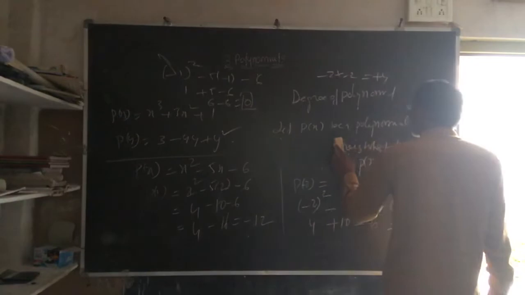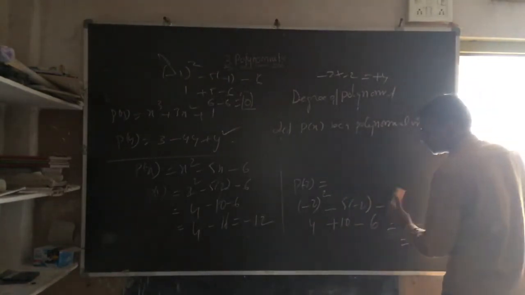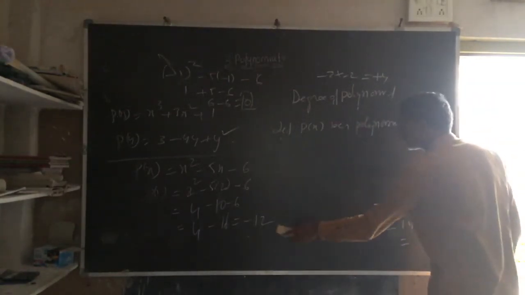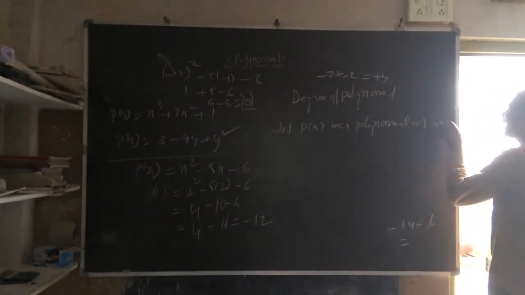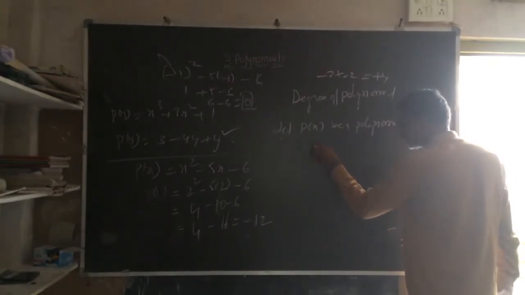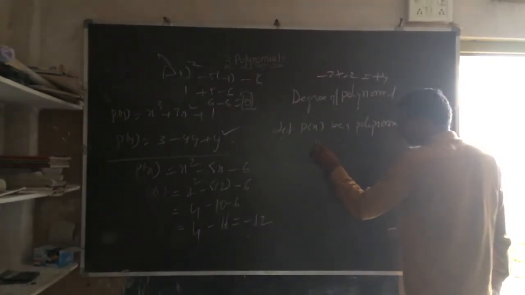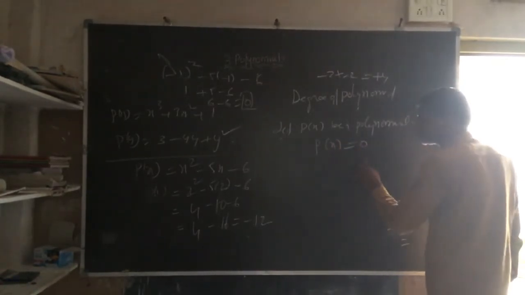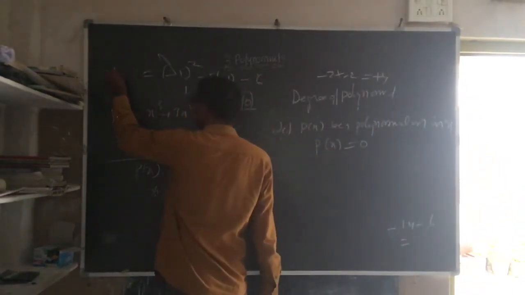Let p of x be a polynomial in x. If P of x is equal to 0, just like this one, this is p of minus 1, right?